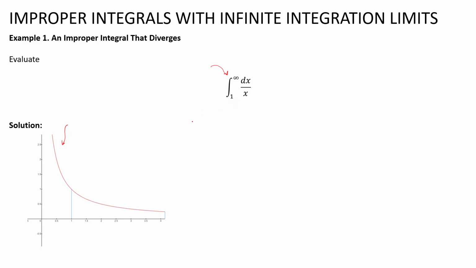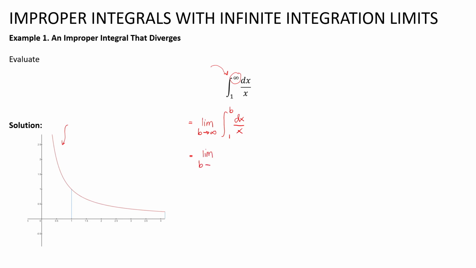Again, as per property from the previous slide, we take out the infinite limit first outside the equation. So that will be the limit of b as b approaches infinity. Then you're going to have the integral of dx over x from 1 to b. You can now integrate the equation.